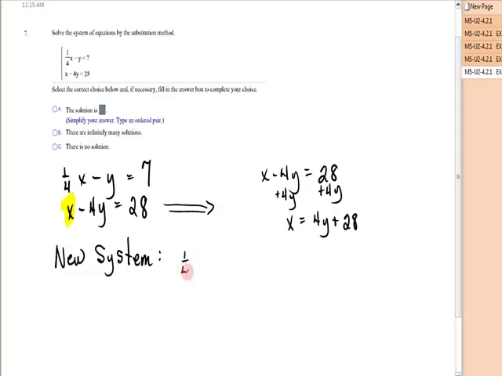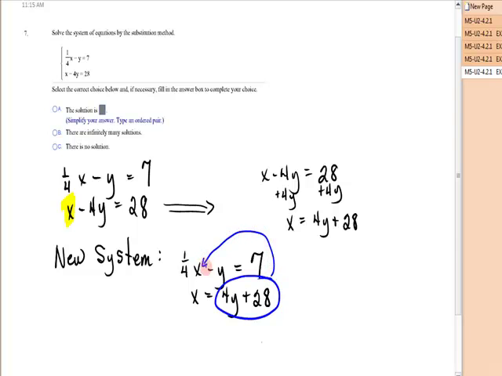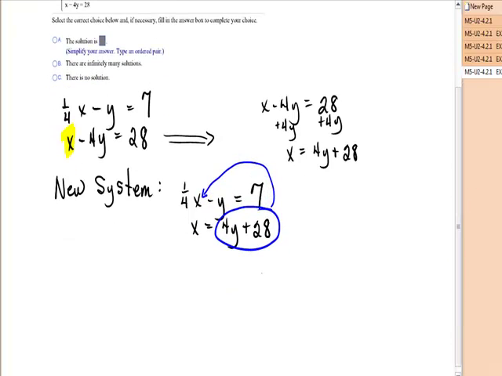I have 1/4 x minus y is equal to 7, and I have x is equal to 4y plus 28. It's ready for substitution, so I will take this expression for x and put it in the place of x. Substitute now. Have 1/4 parentheses 4y plus 28 minus y is equal to 7.